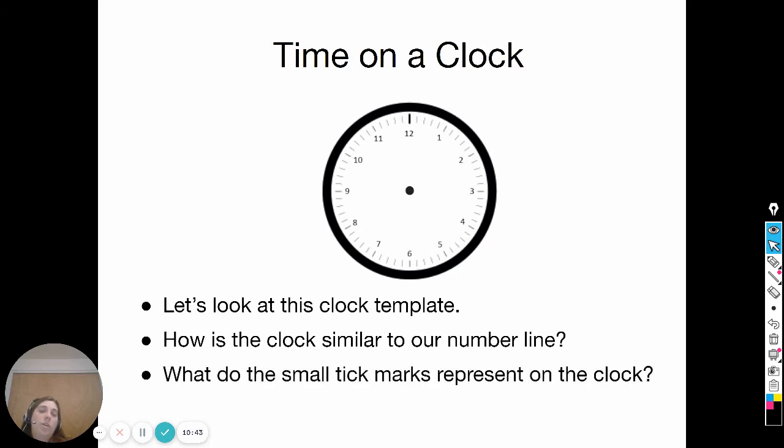If you're unsure, here's another question you could answer to me in the GoGuardian chat. What do the small tick marks represent on the clock? So go ahead and type the answer to one of those questions to me in the GoGuardian chat.